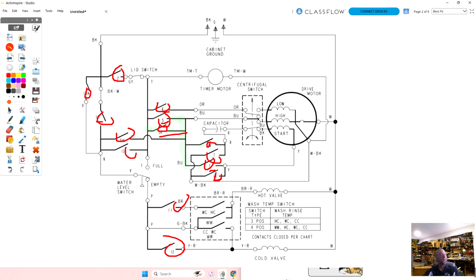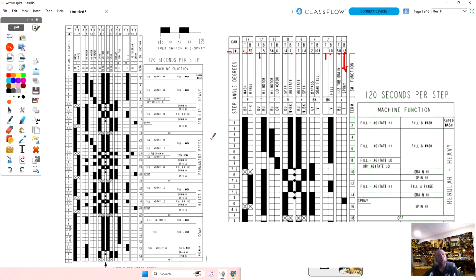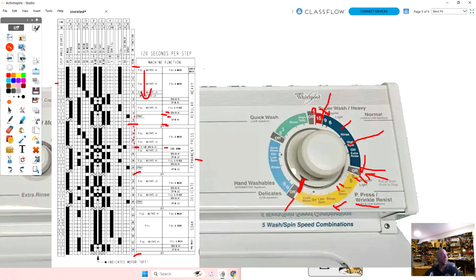Okay? Well, how does it work? Let's move to the next point. If you went into the very first click on the timer, and that would be right here, the very first click where the washer would start doing something is right here. That'll be the very first row on the top of that chart.